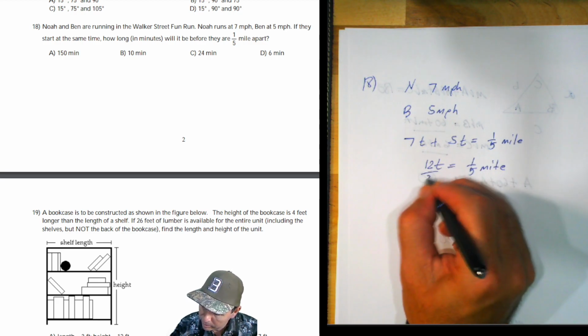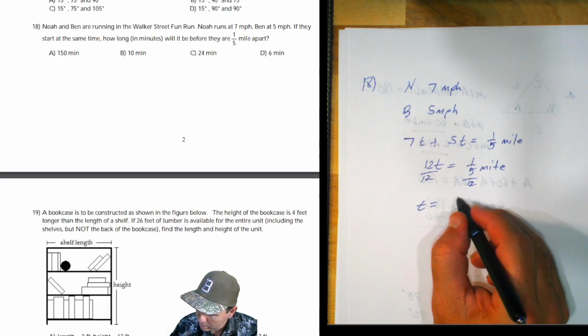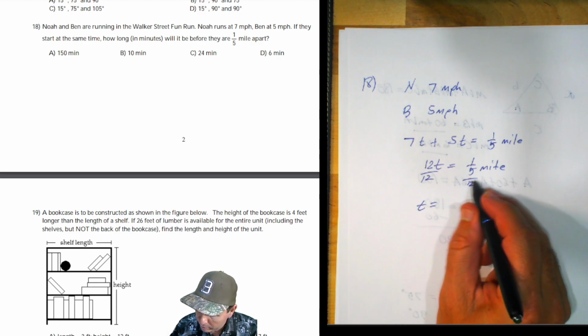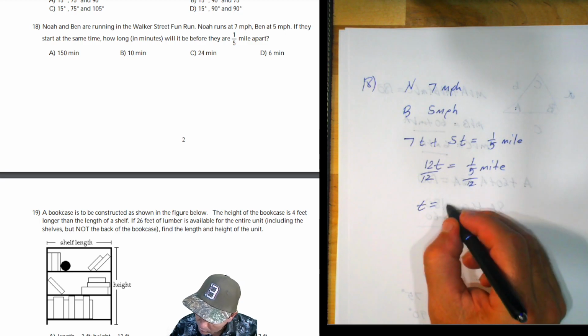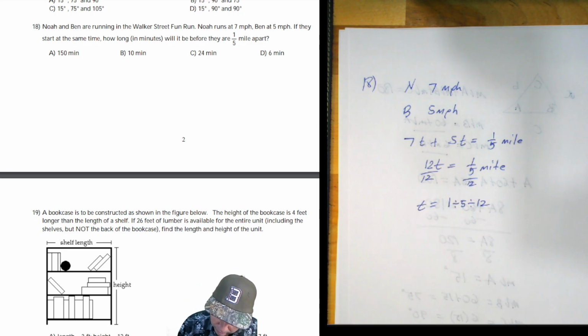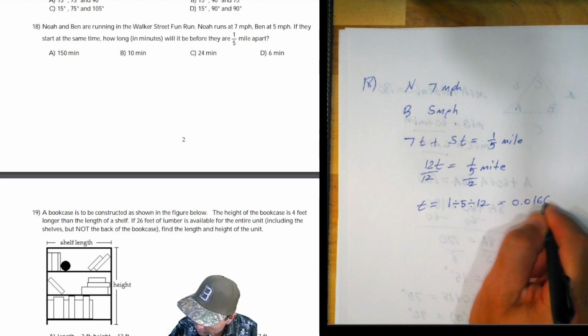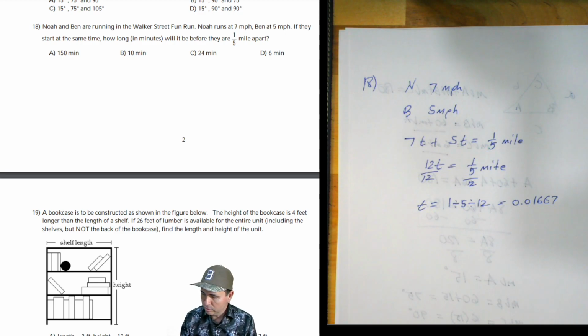So if I divide both sides by 12, t is, looks weird, right? Divide by 5, divide by 12. So it's 1 divided by 5 divided by 12. So I just go to my handy dandy calculator and I go 1 divided by 5 divided by 12. That's 0.01667. Now, that's not the answer. You know why?